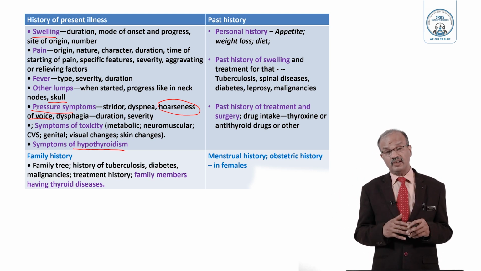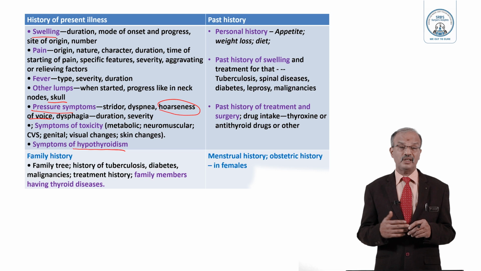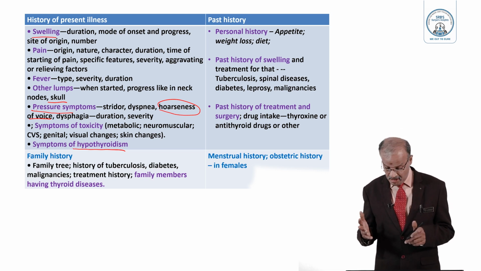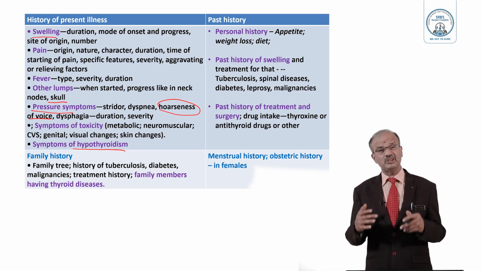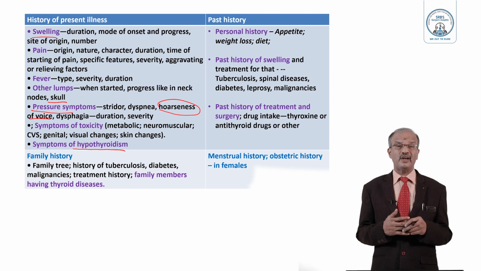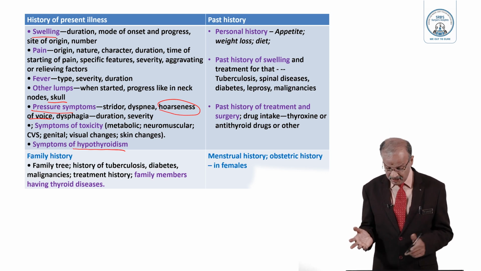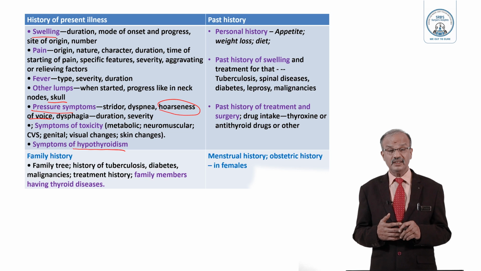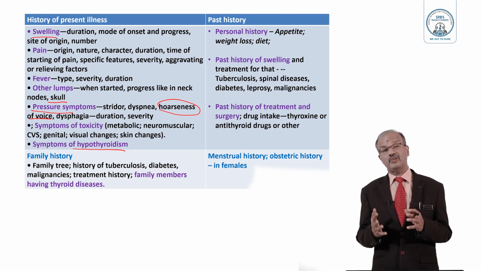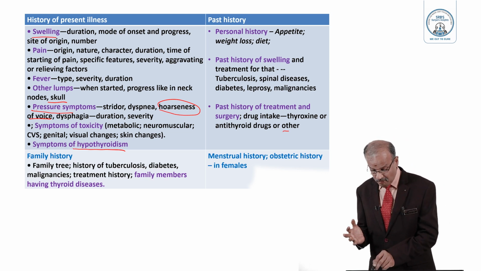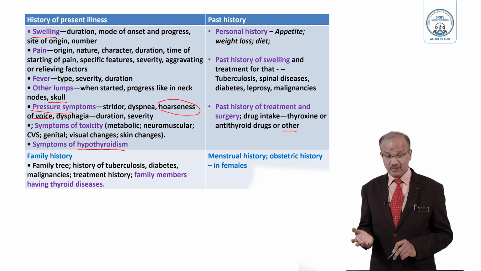Sometimes they'll take antithyroid drugs, maybe methimazole, maybe carbimazole, and so on, for toxic thyroid. So that's also important. Any other drugs which cause thyroid disease, some antipsychotic drugs, cardiac drugs, also can cause thyroid disease. Which drug they are taking and how it is relevant as far as thyroid disease is concerned is important to understand. Menstrual history is important.